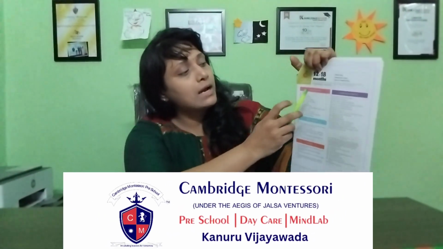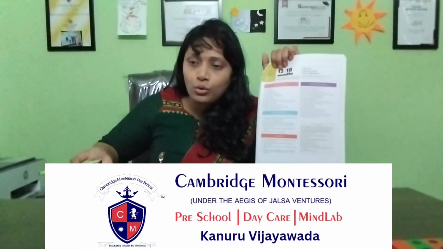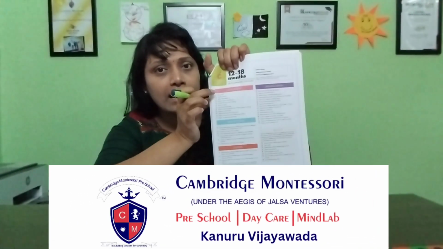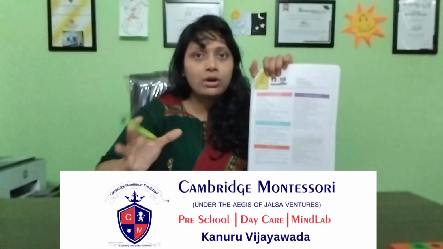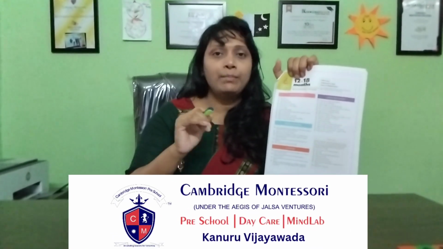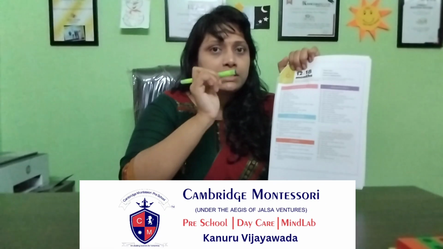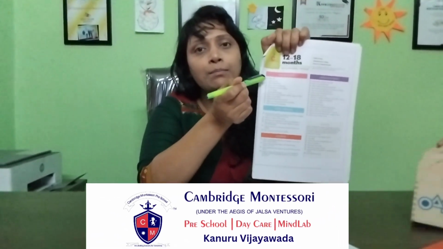First comes health and motor, and the very first point in that is rolls a ball. If your kid is able to roll a ball, then you just tick mark that milestone. If your kid is not able to roll a ball, he or she just keeps that ball in the hand but is not able to roll it, then you simply put an X mark in that box.